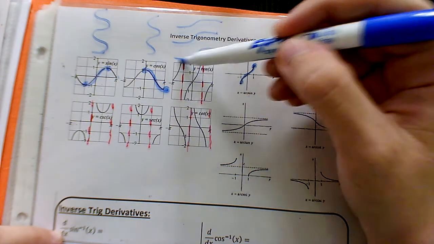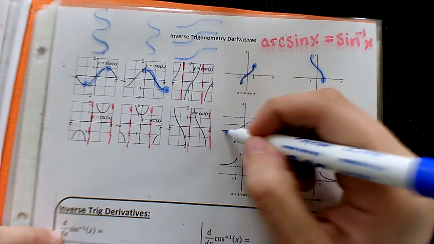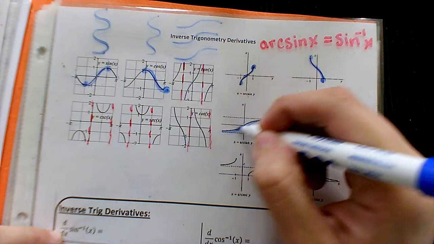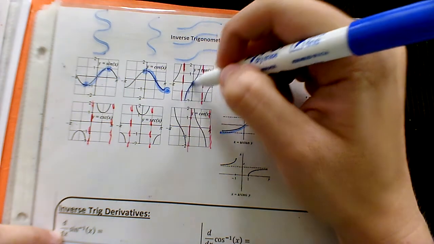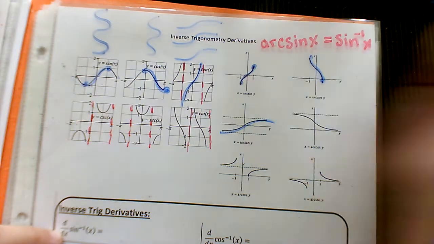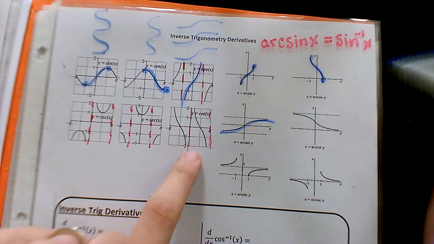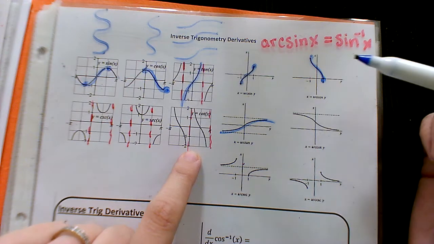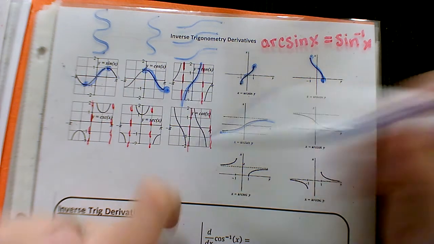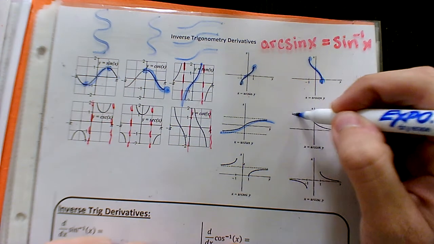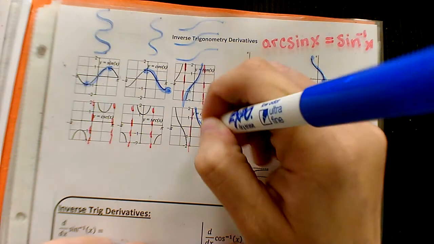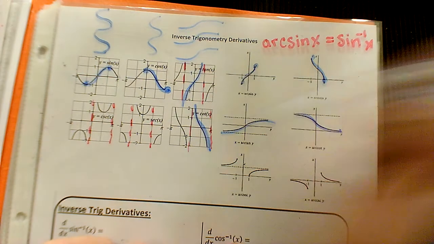So we're only dealing with one of those. That's where this inverse tangent graph comes from. And that's just the middle section. All right, same thing going on with cotangent. Instead of a wave going up and down, they're now going left and right. So we're just doing this section.